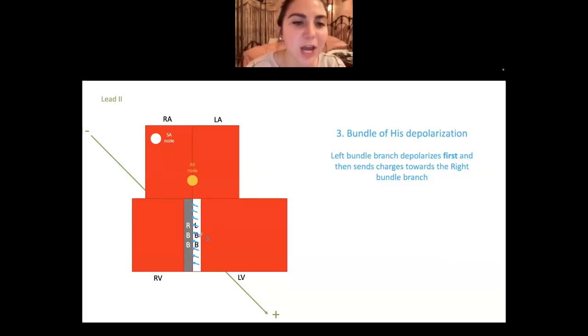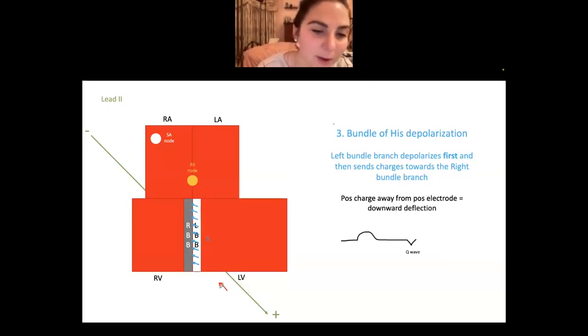So the left bundle branch depolarizes first, and it sends its positive charge in the direction of the right bundle branch. Okay, so think about how this is going to look. We have this wave of depolarization moving almost exactly in the opposite direction of lead 2. That should be a negative deflection, right? We have a positive charge moving away from a positive electrode. So that's your Q wave.